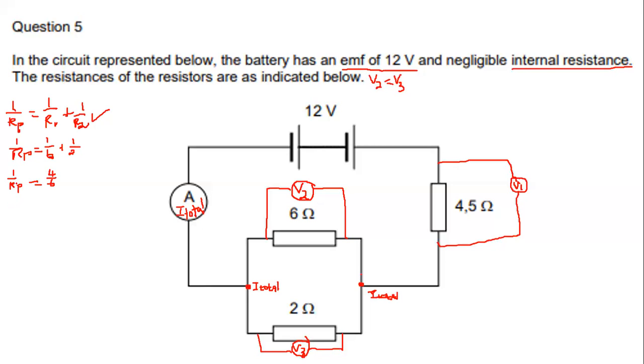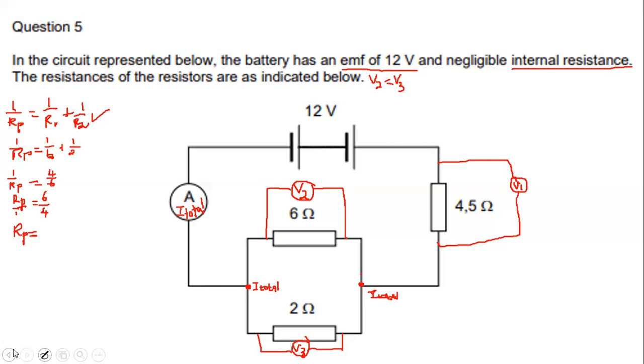So if I want Rp, I will take the reciprocal. So the reciprocal will be Rp over 1. So Rp over 1 will then give me the reciprocal this side, which will also be 6 over 4. Because whatever I do on the left, I must also do on the right. So Rp over 1 is Rp.